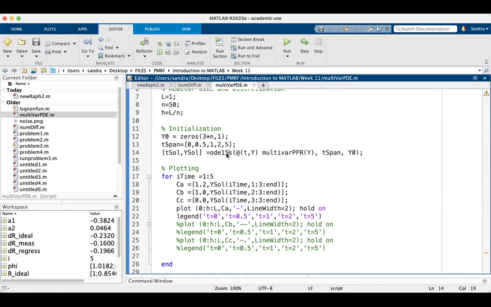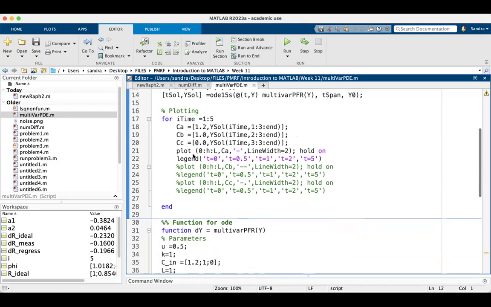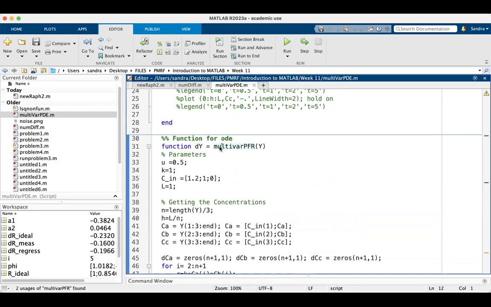Now I have an ODE solver. It will solve for the y variables. This is the function that will have all the ODEs. I'll come to that. Now T-span is from 0 to 5 with these time intervals, and y0 is your initial guess for y. Remember that we only have 3n unknowns. Now this is the ODE function that is writing the ODEs.